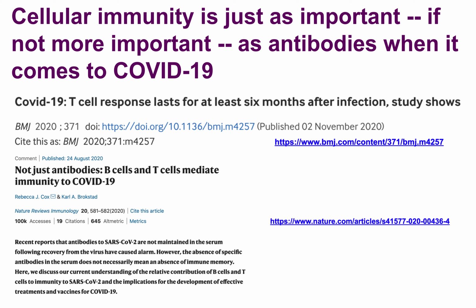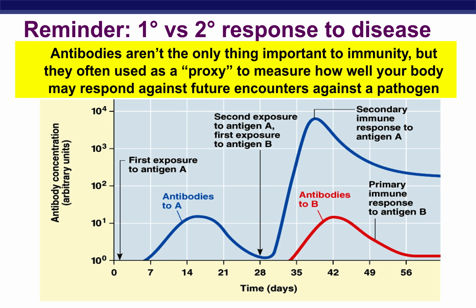Antibodies are really critical for neutralizing and preventing reinfection, but once your cells are infected, having lots of cellular immunity is going to prevent the virus, SARS-CoV-2, from developing into a disease, or at least into a serious illness.